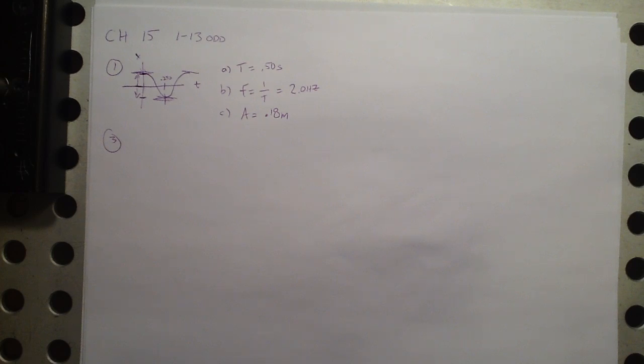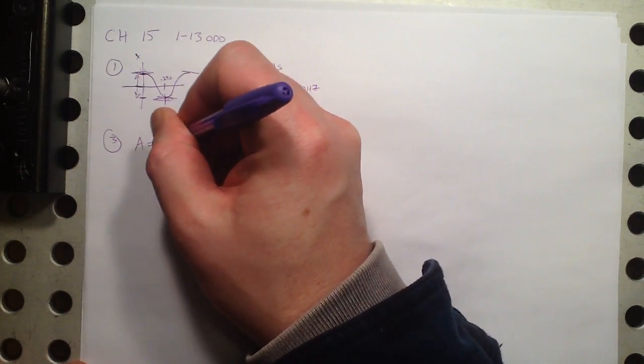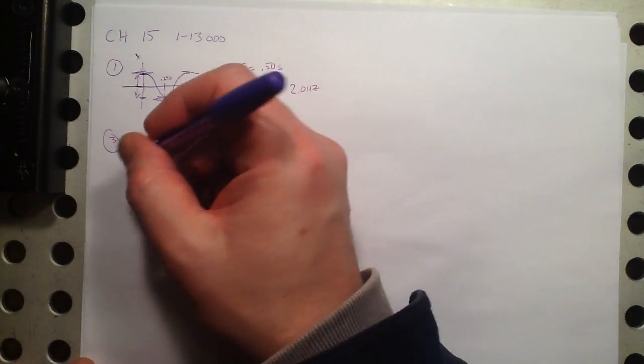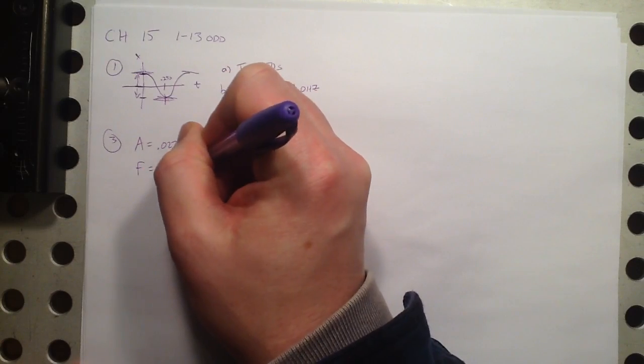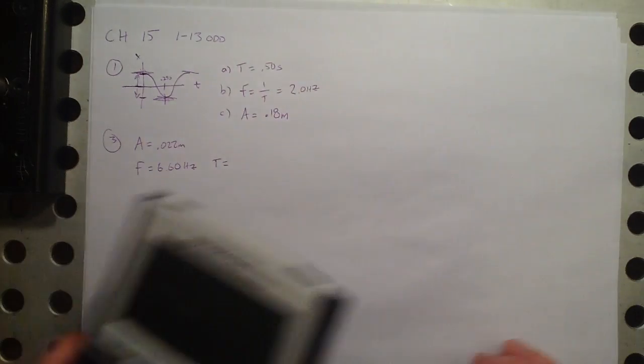Number 3, what's the maximum acceleration of a platform that oscillates at an amplitude of 2.2 centimeters? Convert that to meters just because, and a frequency of 6.60 hertz. So that means the period would be 1 over that.